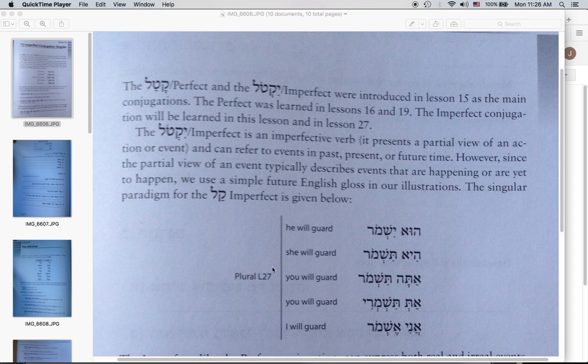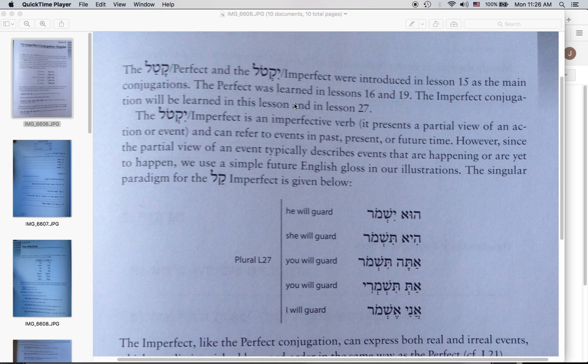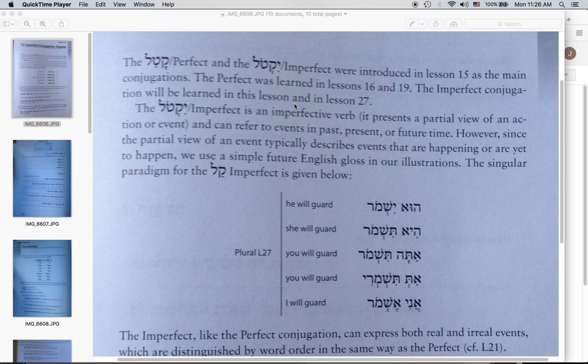The key things we need to remember from the imperfect, the yiktol, is that it is normally translated in the future. It only gives us a little snapshot of the event, not the entire event. And we will always have something attached to the front of the verb for the imperfects. So here we have these different letters attached to the front of our root to help us know that these are imperfects.